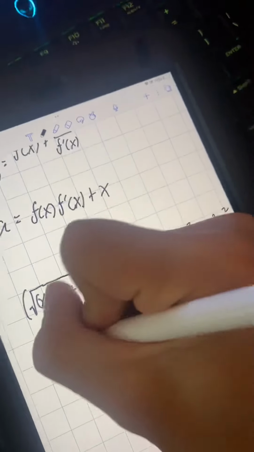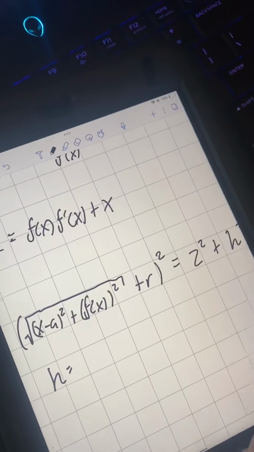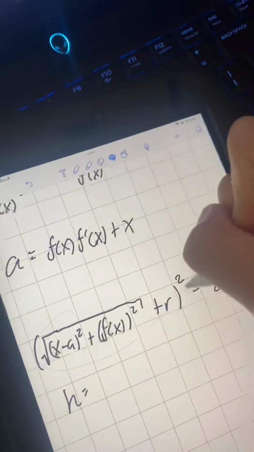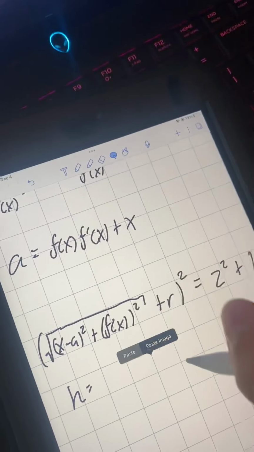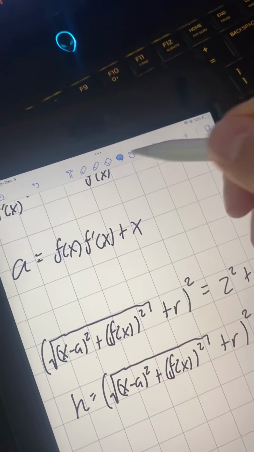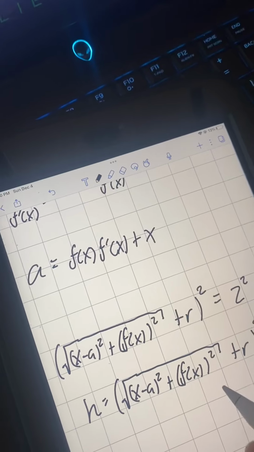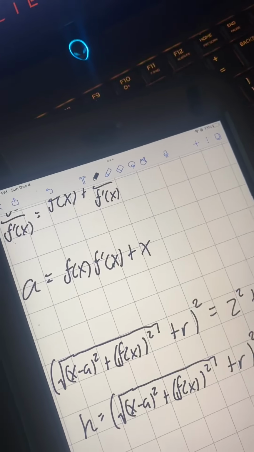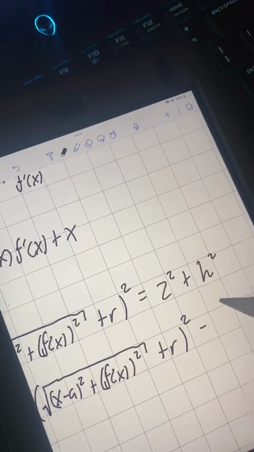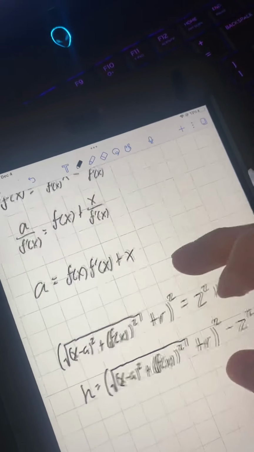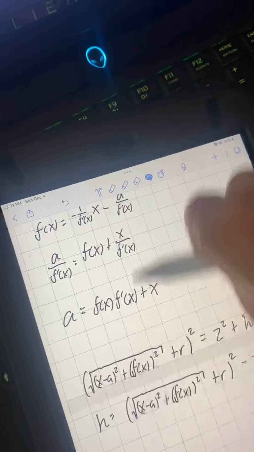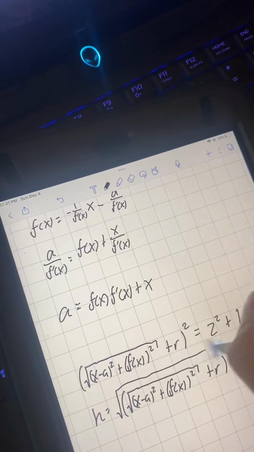So h is equal to this whole thing squared, and then minus, yeah, it's minus z squared, because I'm moving the z over to the side. So minus z squared. And then since I take the square root for h, guess what? I have to take the square root of this whole thing.